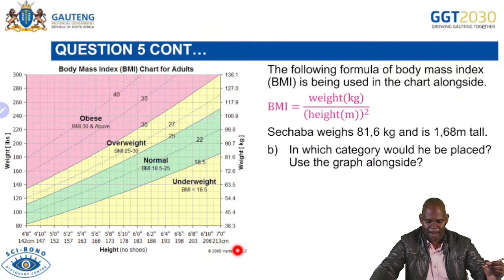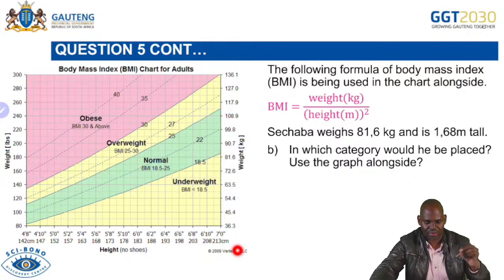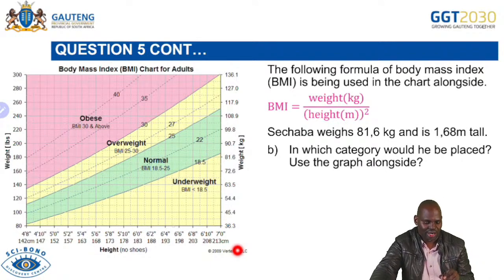And then B, the following formula is still the same information. Sechaba weighs 81.6 and is 1.68 meters tall. In which category would he be placed? Use the graph alongside. Now again, in this case, instead of an infographic or a table, we are given a graph. But you can see that the graph also indicates the weight status. 18.5 and below is underweight.